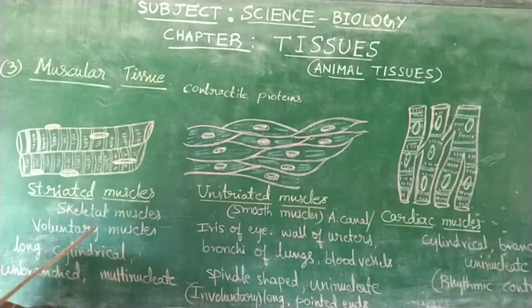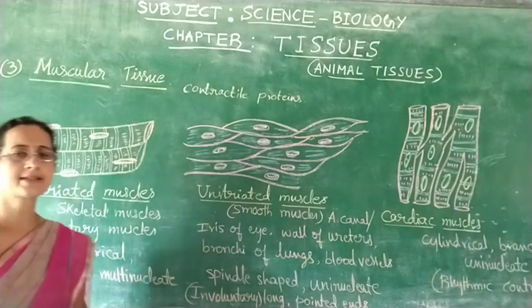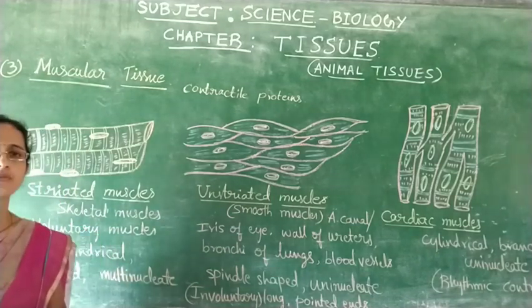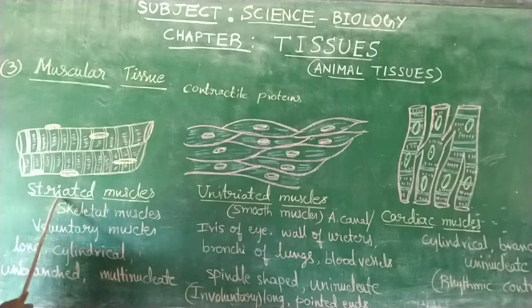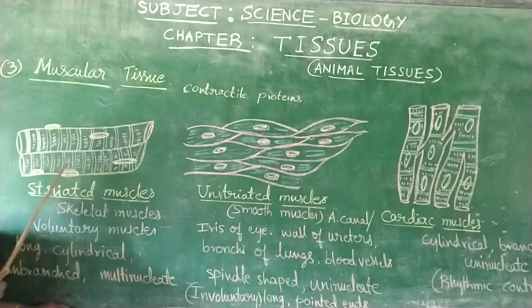Since these are attached to our hands and legs, we can do a variety of work with the help of these striated muscles. See, striations are the characteristic feature of this type of muscle. Striations mean you can see alternating dark and light bands.